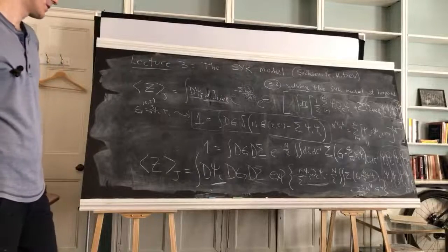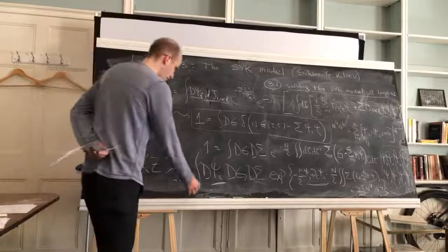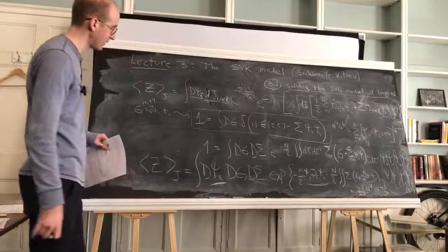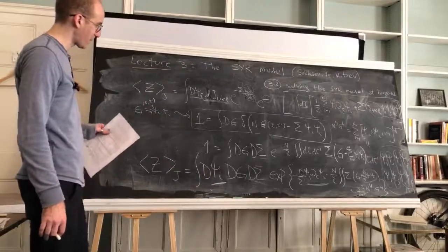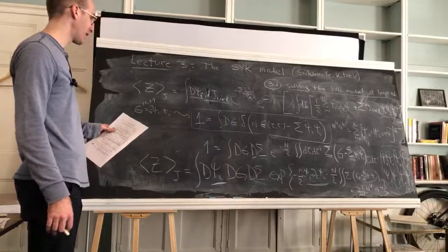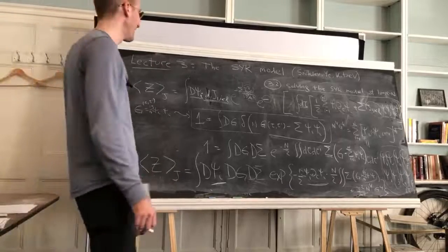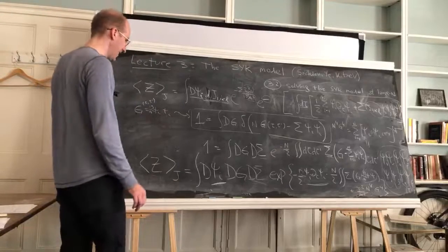And terms that are e to the minus x squared, we know how to do these path integrals. For fermions, they are called Berezin Gaussian integrals, and there is an article on Wikipedia, so you can go there and see the result of that integral.